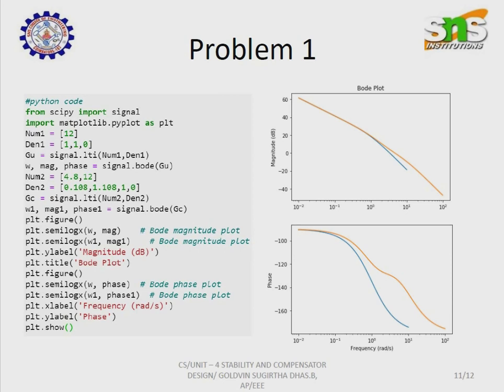Next we are labeling the values for the magnitude plot, and we are giving a title, Bode plot. This is for the first plot, that is the magnitude plot. Next we are going for the phase plot.